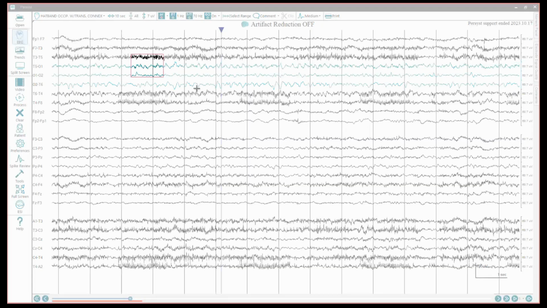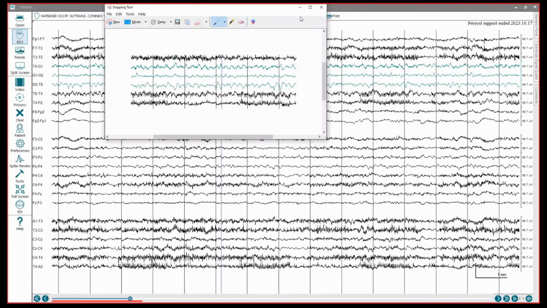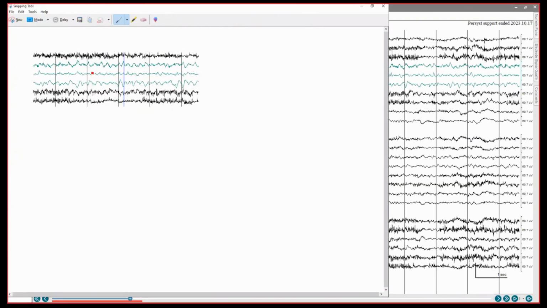For example, with this wave, it's going up here, but yet it's going down here. And I believe this is T5, O1, O2.